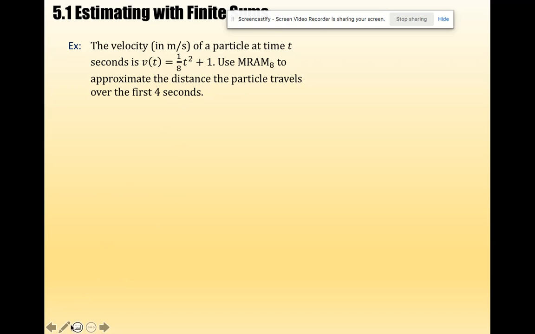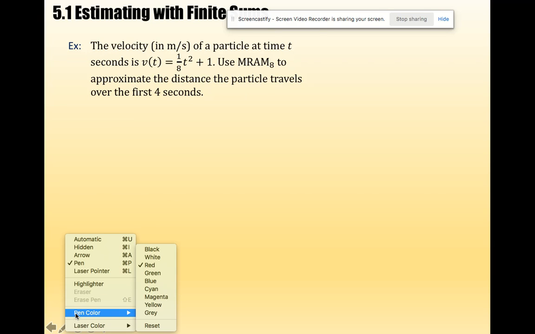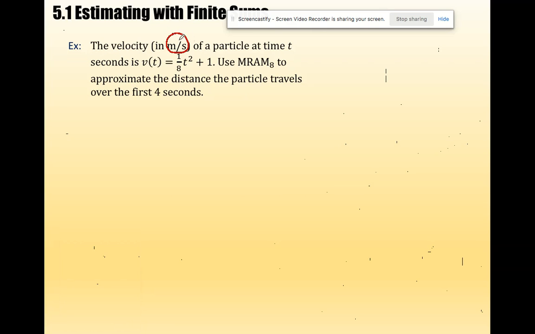All right, so again, in this example, because our units were meters per second versus seconds, and the integral is just area of height times width, which means you're multiplying meters per second times seconds, you actually got the distance over the first 4 seconds.